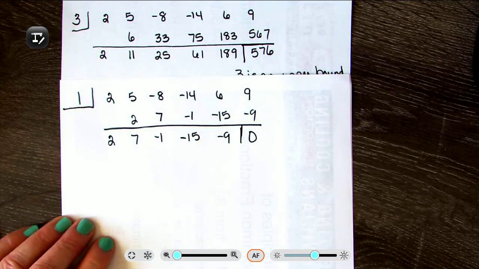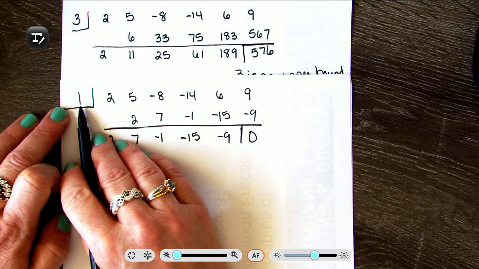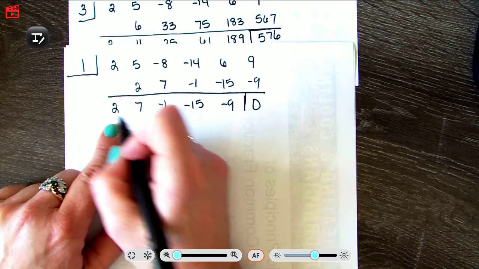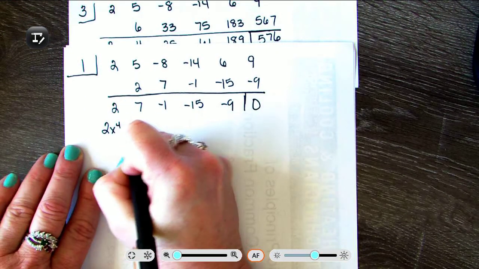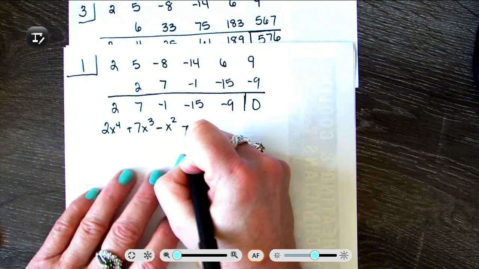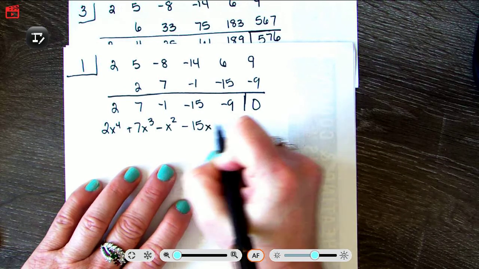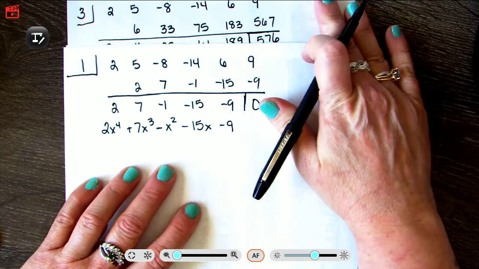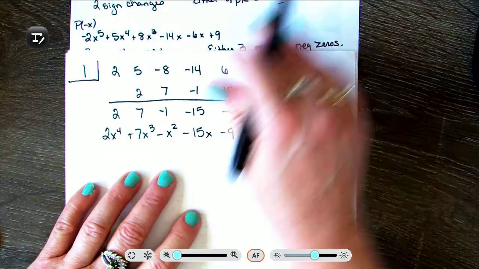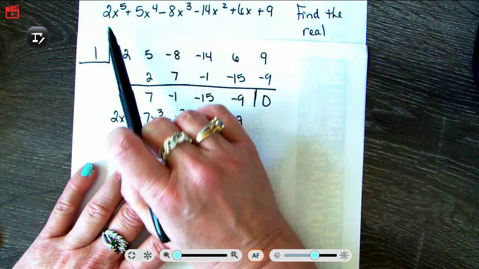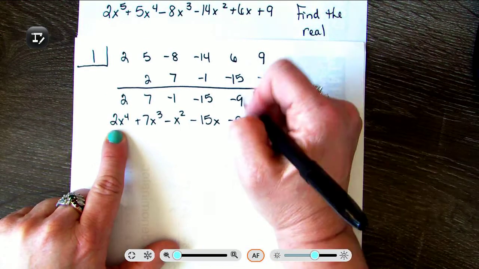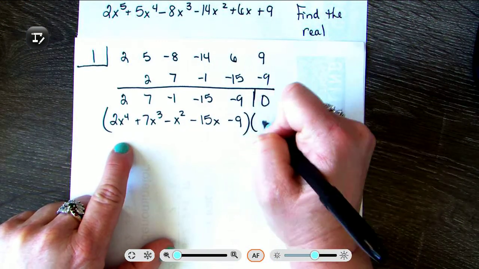The nice thing about what happens when you find a 0 is it also decreased your powers down. So this is now 2x to the 4th plus 7x cubed minus x squared minus 15x minus 9. So this is my original, and it can now be written as this one times x minus 1.